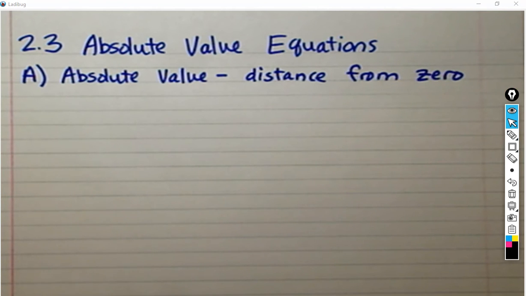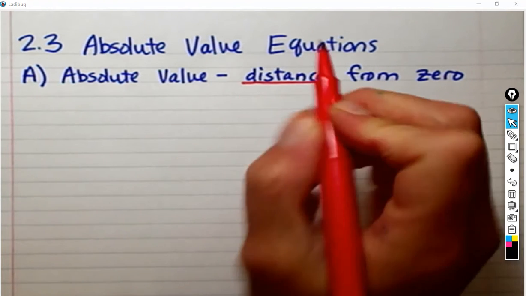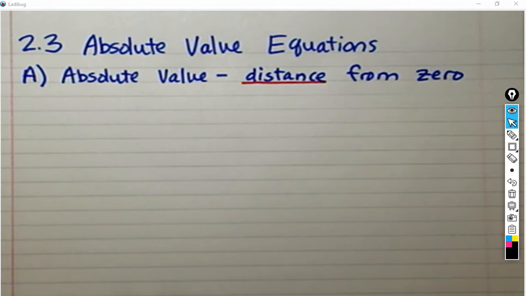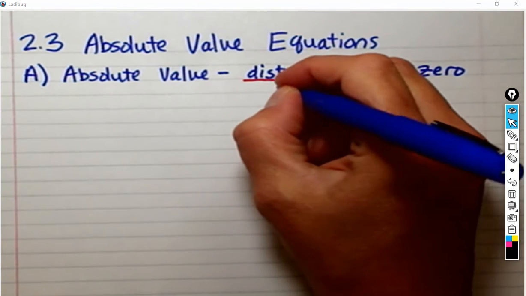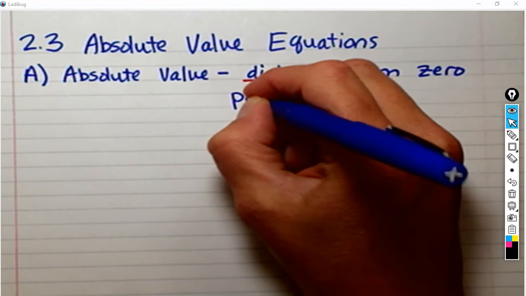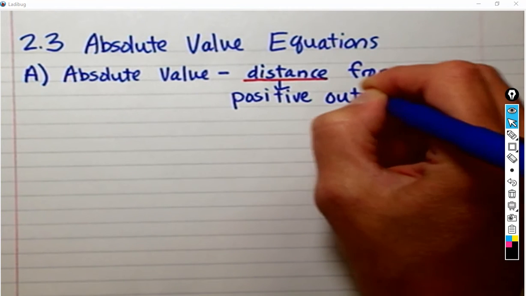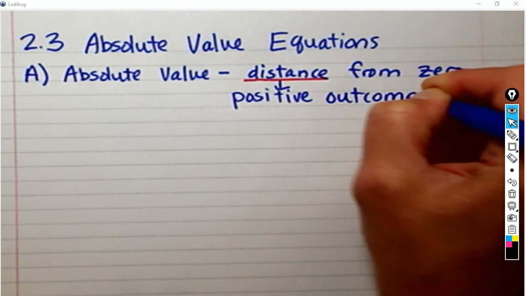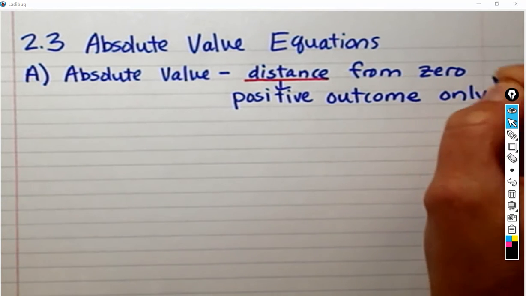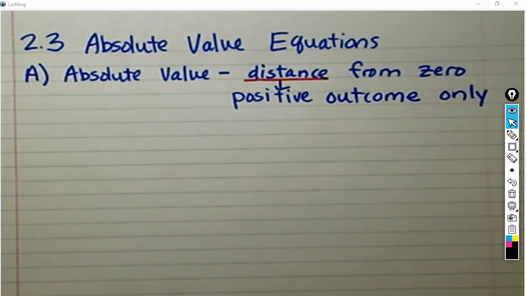Distance. Distance is a positive outcome. It has to be a positive outcome.